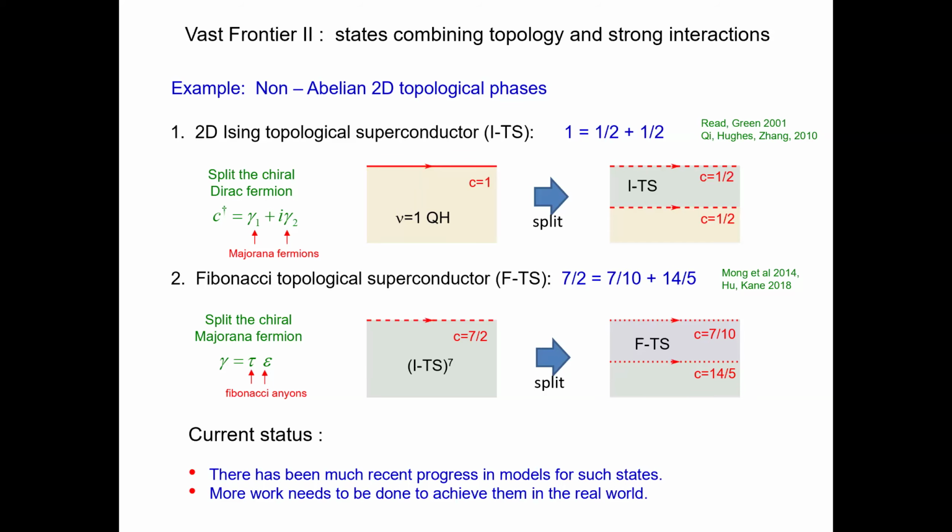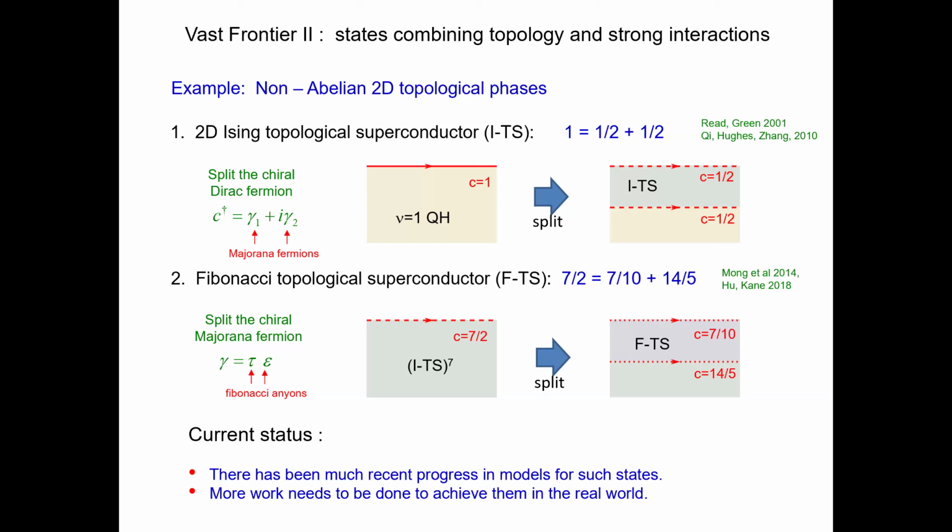What I'd like to argue to you is that if you just have one chiral Majorana fermion, I don't know how to split that. But if you give me 7 of them, then at least in principle, I know how to split.